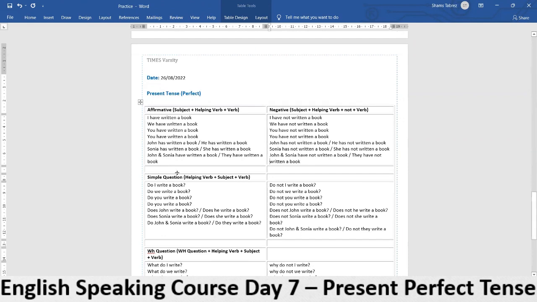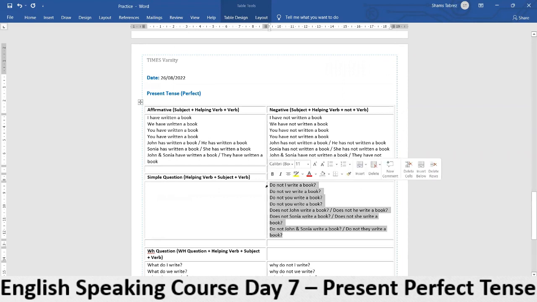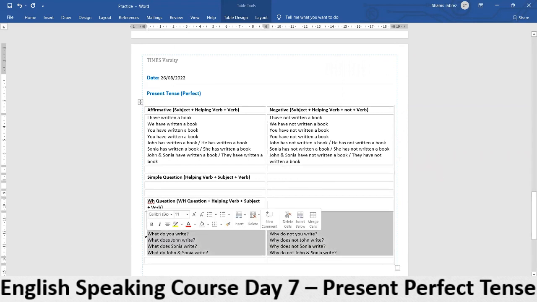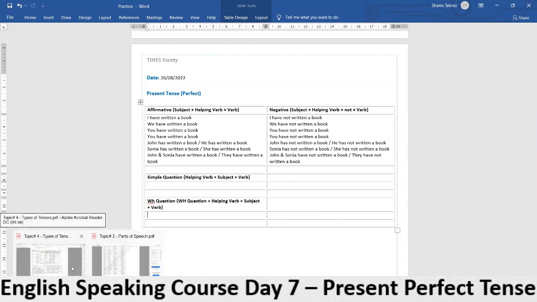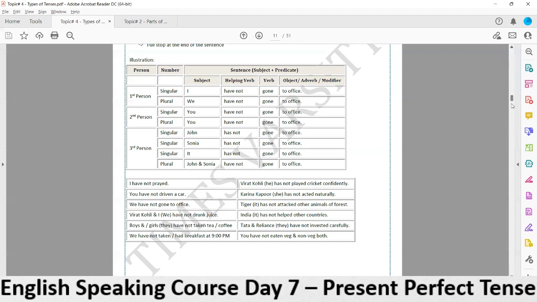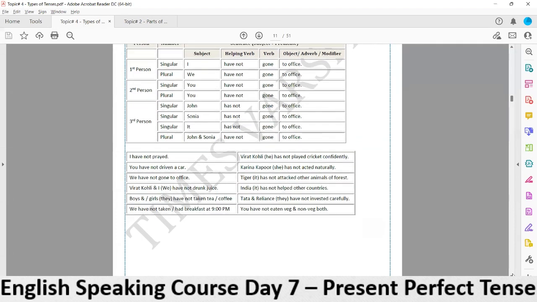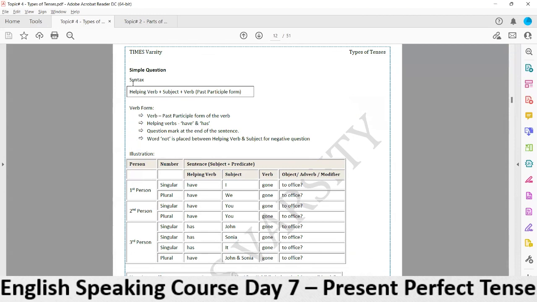Now, a simple question: how to make a simple question in present perfect tense? Okay, so let me delete this one, and we will put the new one. In present perfect tense simple question, the syntax is, as we know, that whenever we are making a simple question, the helping verb comes first.